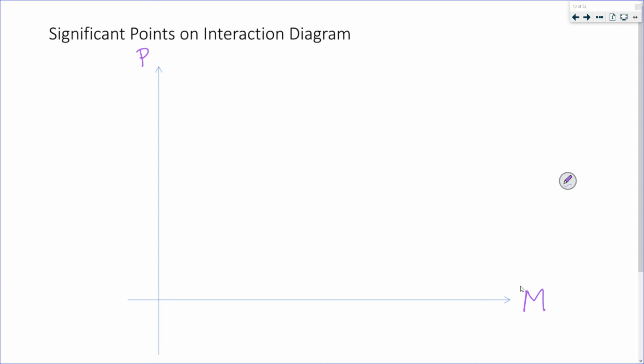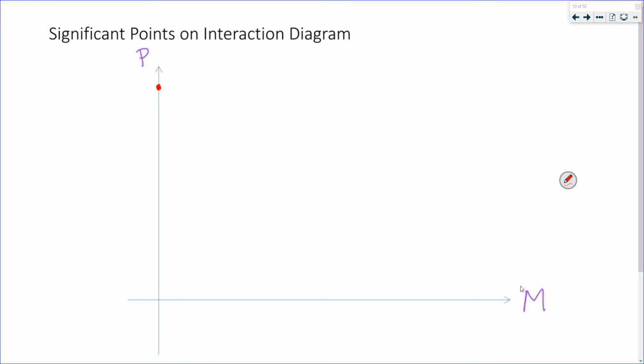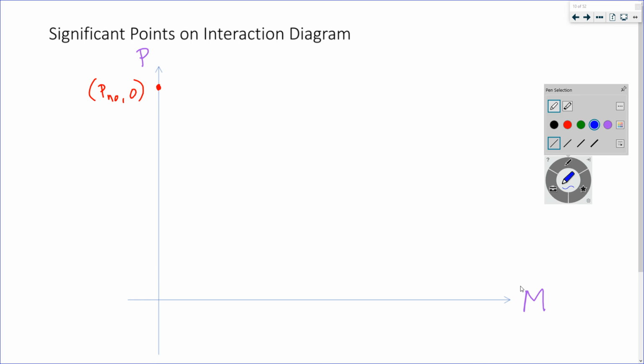We've already talked about, let's start out with 2 points. If positive is compression and negative is tension on my y-axis, I have P and O. This is compression only, axial load, no bending.